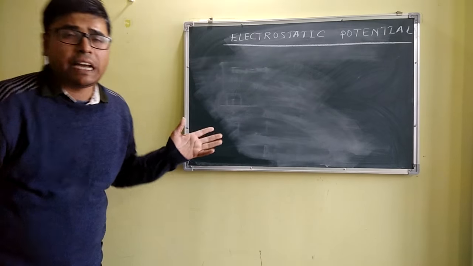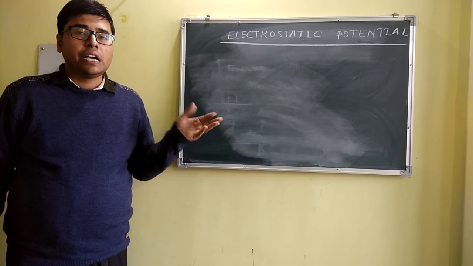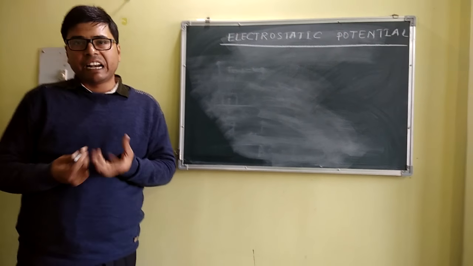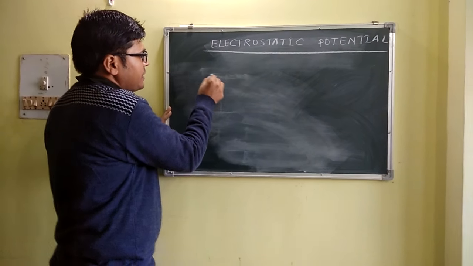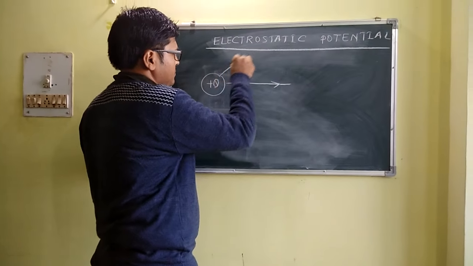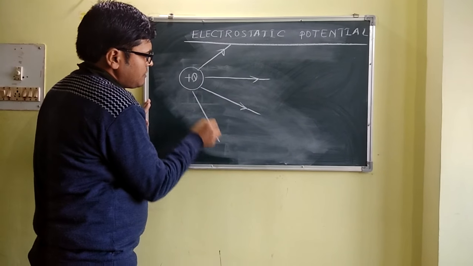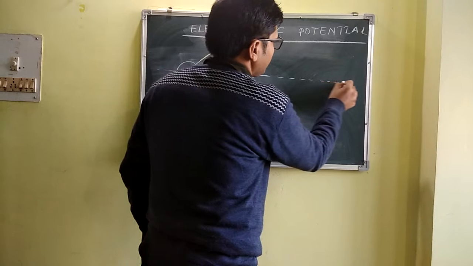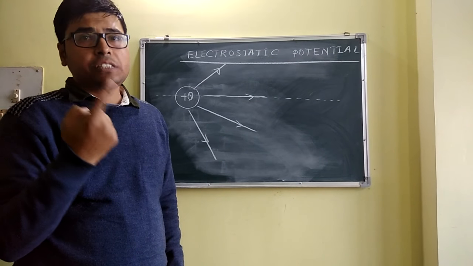Like in case of gravitational potentiality, we had a gravitational field. In case of electrostatic potential, we'll be having an electrostatic field. So there would be a charge which will basically create an electric field around itself, like this. Right? Now, let's say there is another charge which we call the test charge.